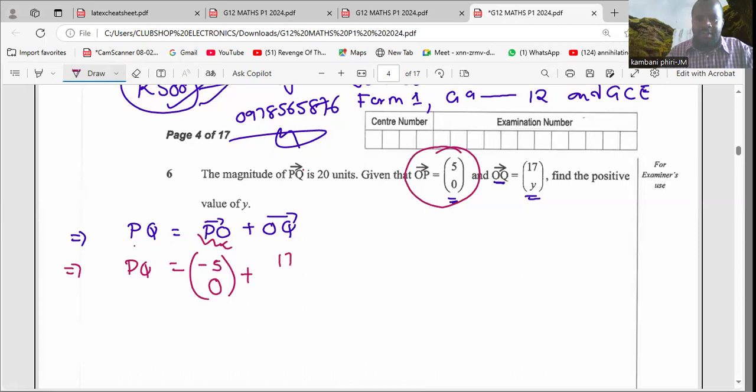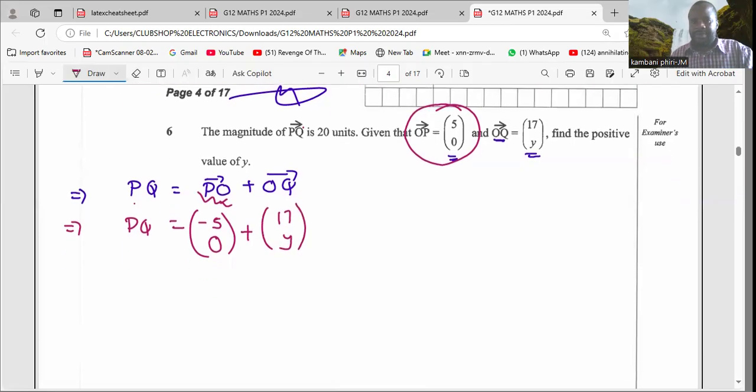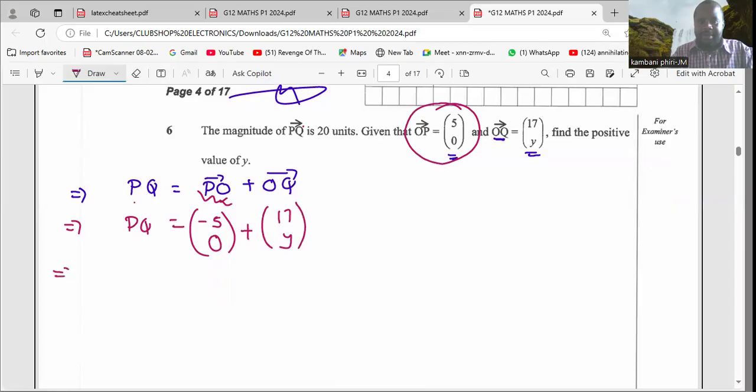Our OQ is 17. This one we are following the direction, there's no problem. So PQ is equal to -5 plus 17, that is 12, and 0 plus y, this is our y.